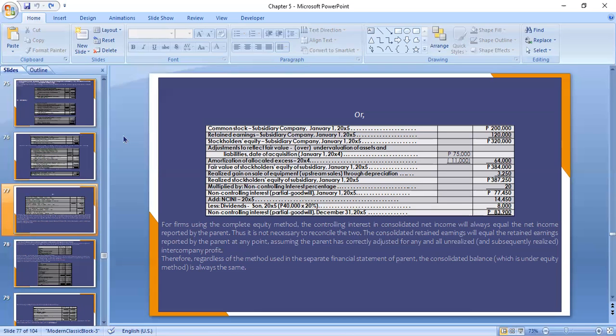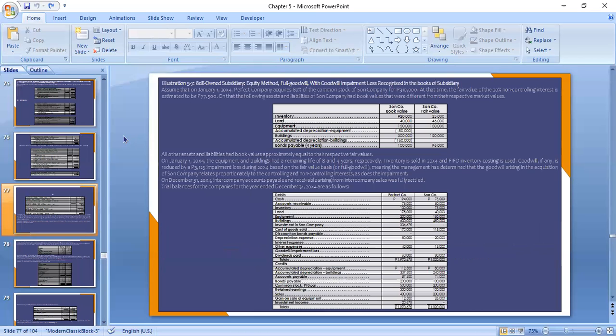So 77,450. The non-controlling partial goodwill in January 1, 20x5. So we add the non-controlling interest in net income in 20x5, which is 14,450. Then we have to deduct dividends of 8,000, giving the non-controlling interest on December 31, 20x5 of 83,900.